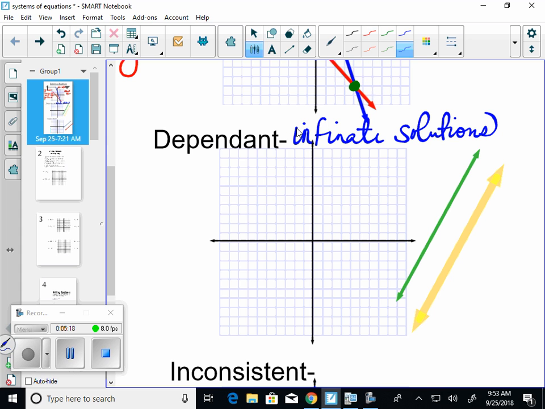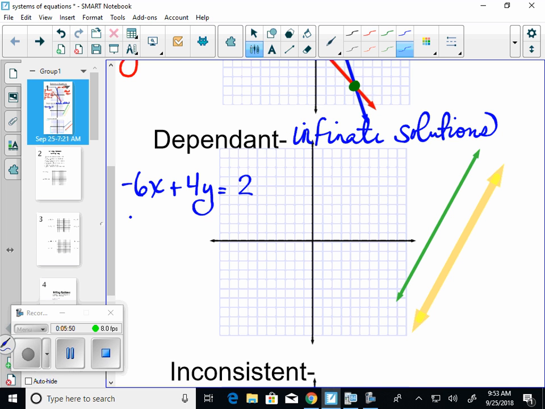So if I have infinite solutions, then let's write down a couple of equations. Let's say I give you a line that is negative 6x plus 4y equals 2. Infinite solutions. Okay, so negative 6x plus 4y equals 2.